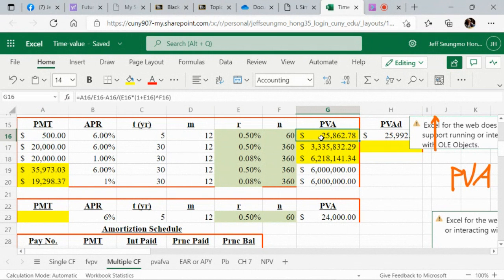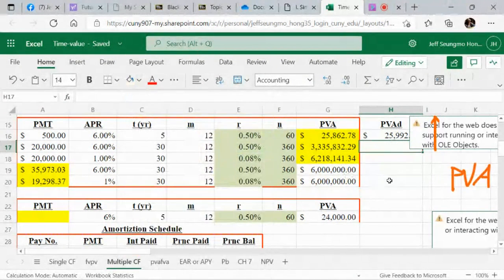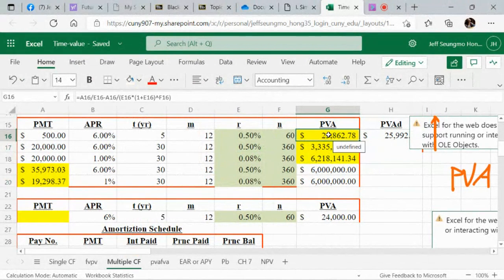So $500 payments, monthly payments for 60 months. Those present values of annuities come to $25,862, which is greater than your principal.